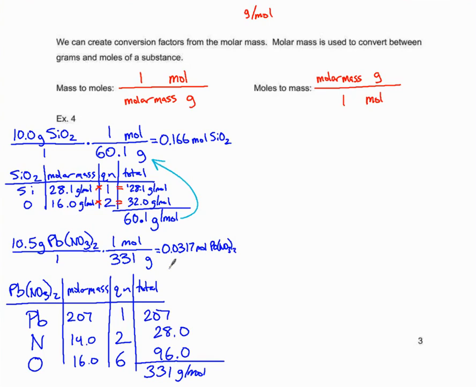Or you could write this in scientific notation if you wanted to: 3.17 times 10 to the minus 2 moles of Pb(NO3)2. So here we have the number of moles in 10.5 grams of this substance that we measured on our balance.